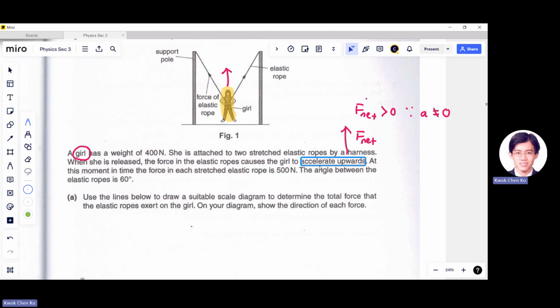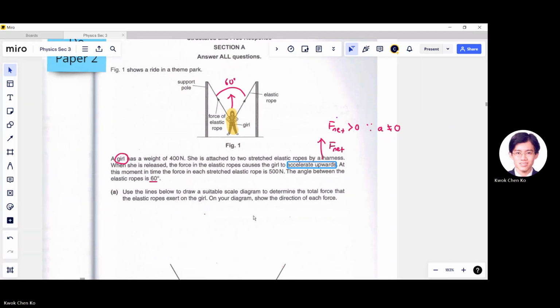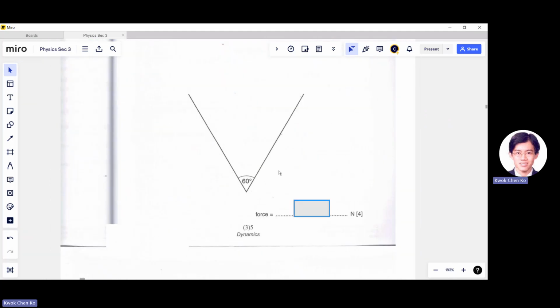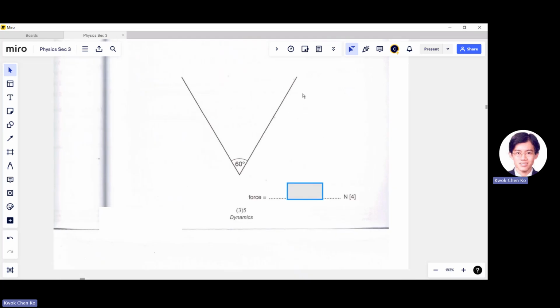So try to take all these clues into consideration. Now, again, here they mention an angle as well between the elastic ropes. So in this case, the angle will be this 60 degrees. Now, I will leave you here to further work out this question on your own. And in fact, they have provided a scale diagram for you already.